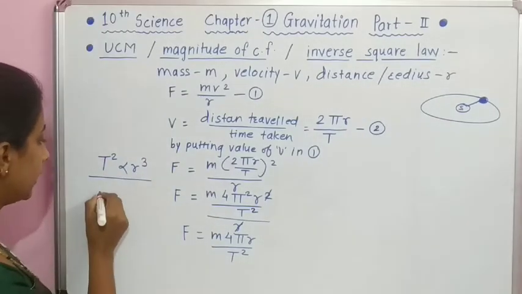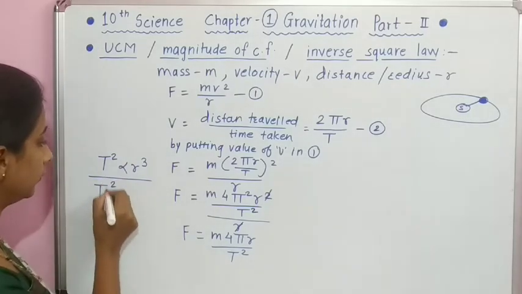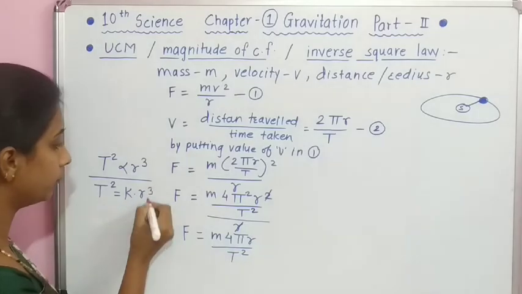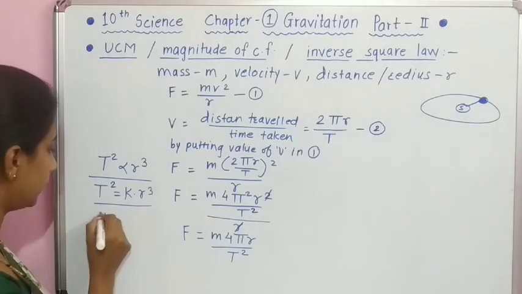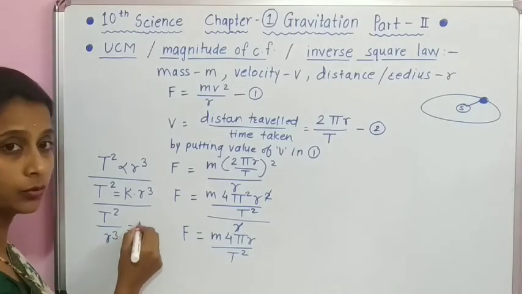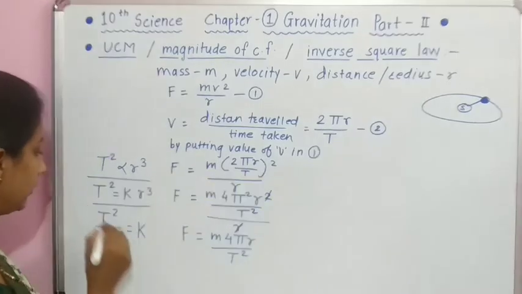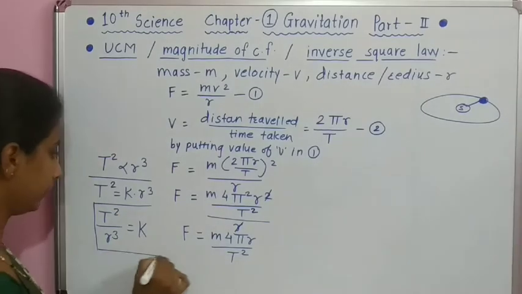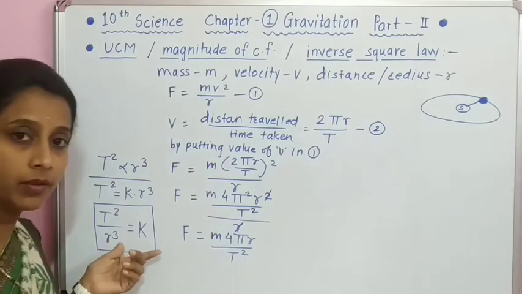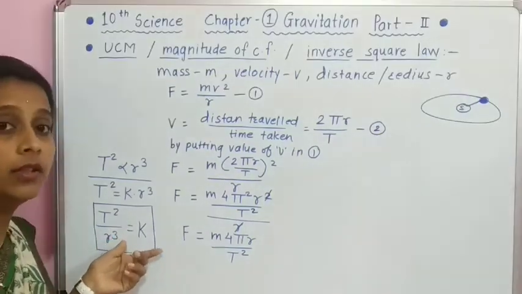Also we can write this same law as T square equals k into r cube, and also we can write the same as T square upon r cube equals k. Okay. So let us take this equation here. Just remember this: T square upon r cube equals k.